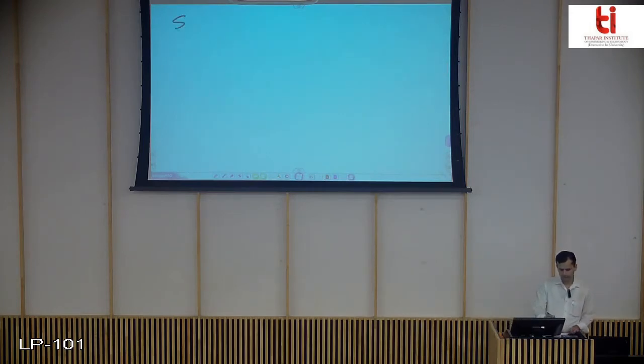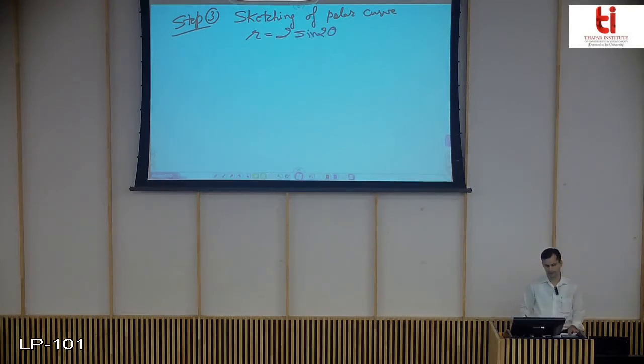Now step 3. Sketching of the polar curve r equals 2 sine theta, using step 1 and step 2. So let us draw the polar curve.